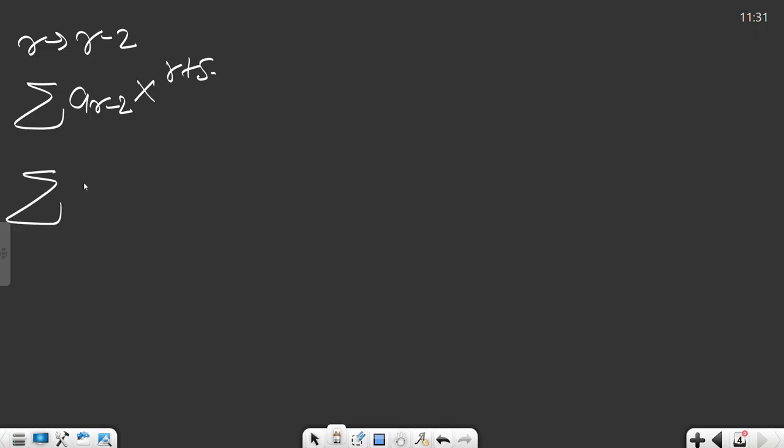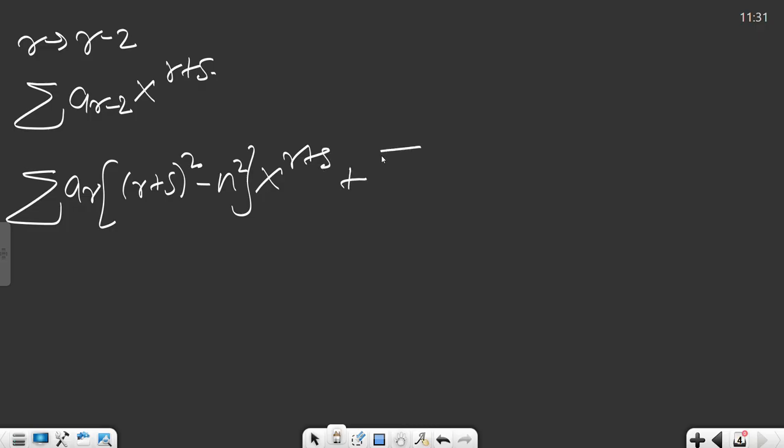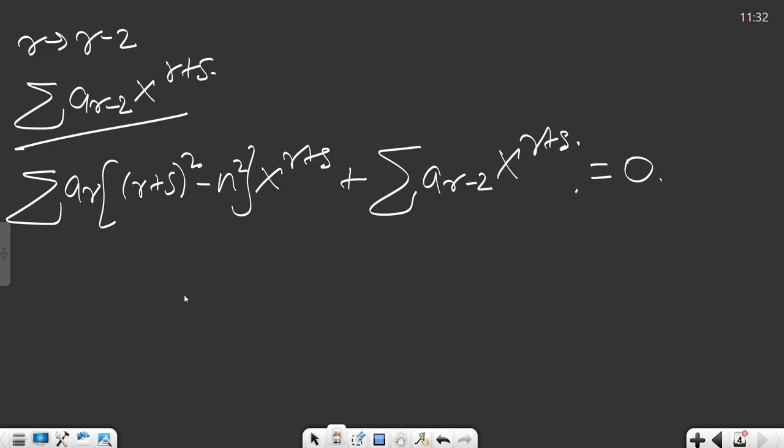So we have the summation of a sub r times r plus s whole squared minus n squared times x to the r plus s, plus this one where we changed the index variable, a sub r minus 2 x to the r plus s. And now we can successfully take common the x to the r plus s and the summation. So this is equal to 0.